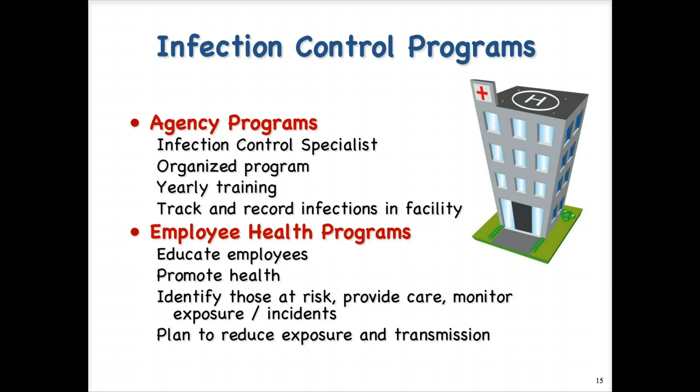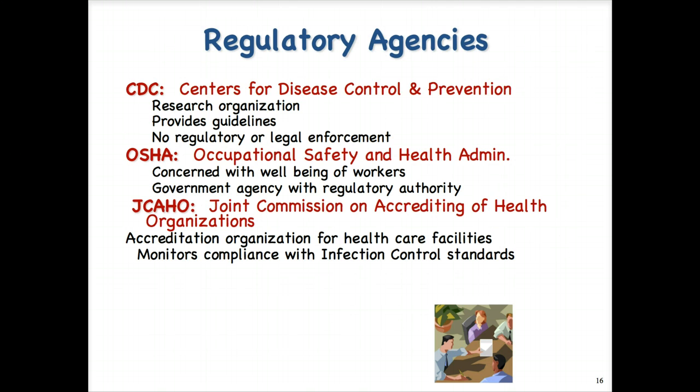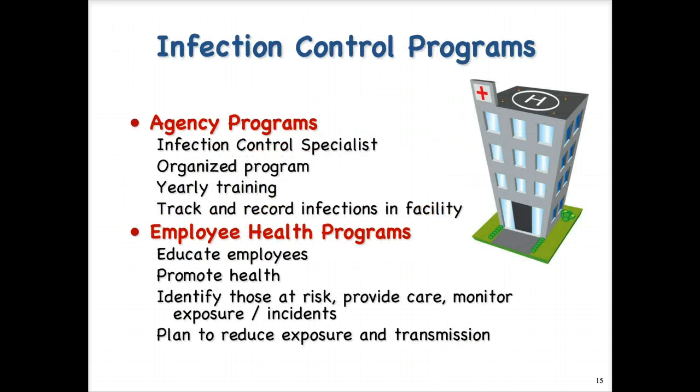Now, as nurses, facilities, and healthcare providers, there are infection control programs, agency-specific programs, and employee health programs. You'll get the data on those when you're working in your facility, but you should know to look for that information.